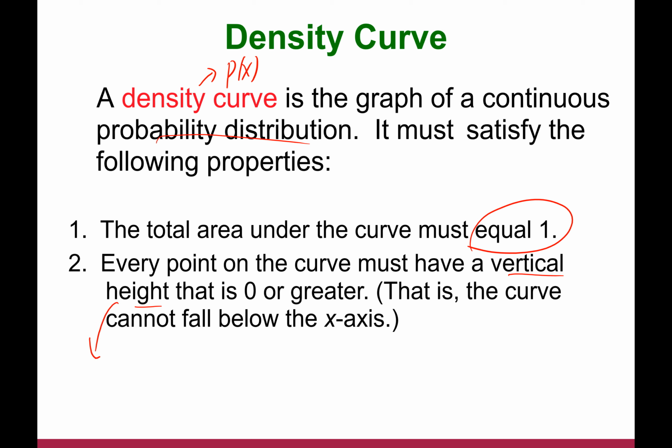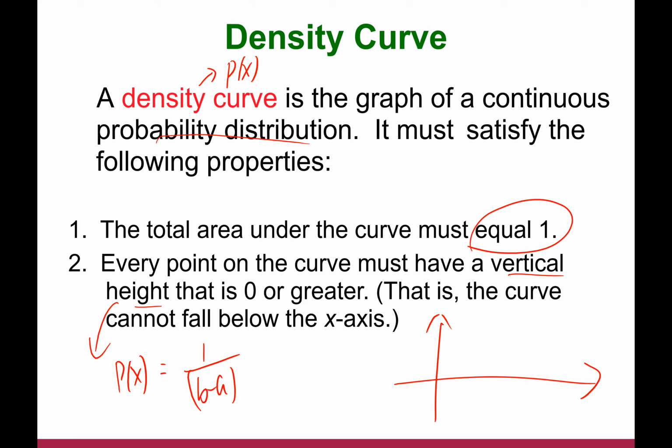Here the vertical height represents probability at that given point, which is always 1 over B minus A, assuming it's from A to B. The height is the probability, P of x, one over B minus A. That's the probability for any given point here on the horizontal axis.